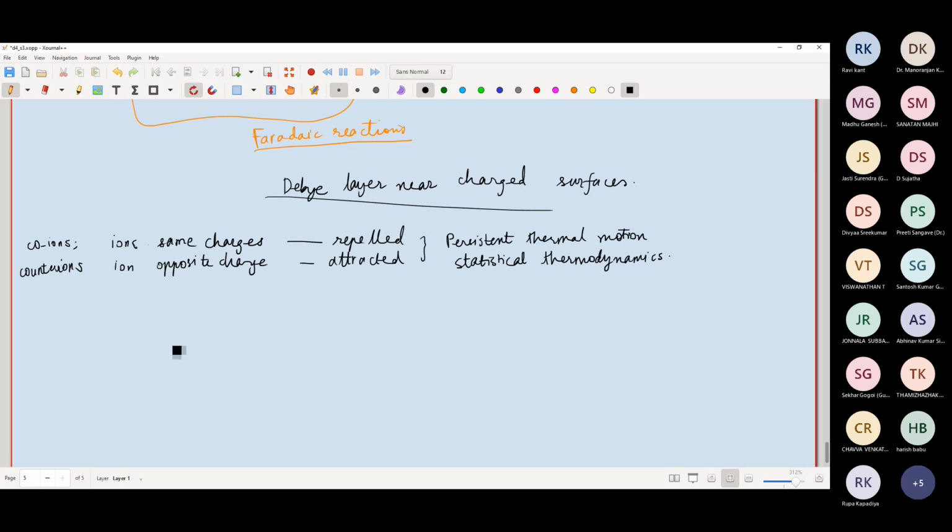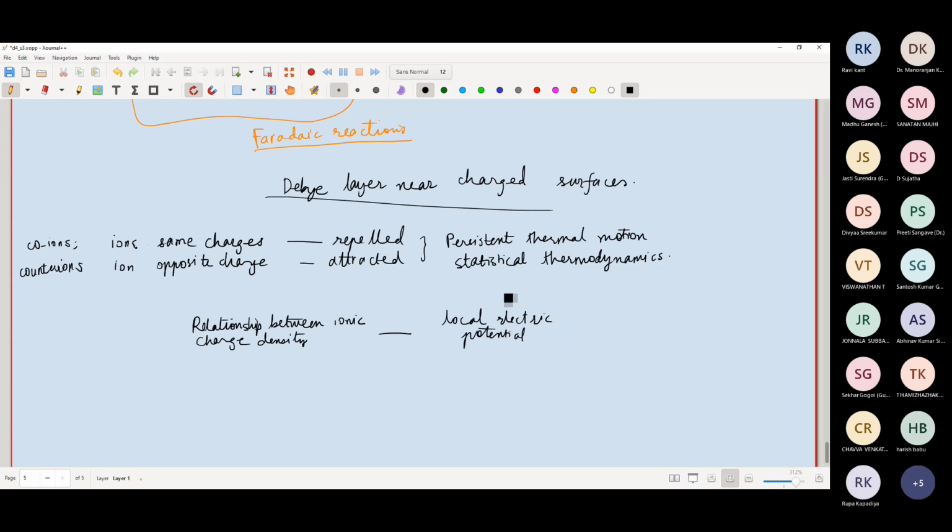Now, first of all, we must derive some kind of an expression for the relationship between ionic charge density and the local electric potential.